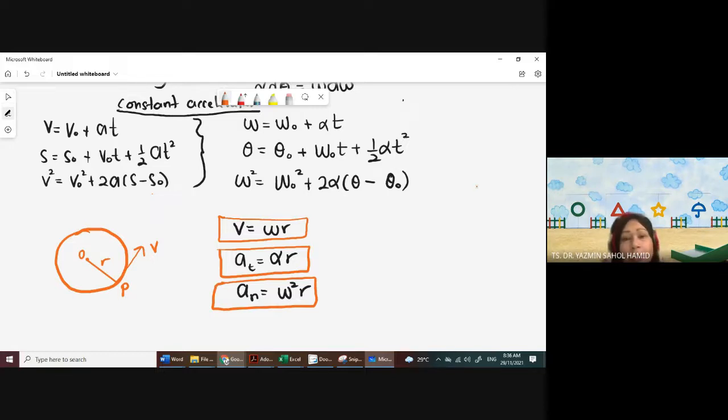For tangential it is alpha R, and for normal it is omega squared R. Okay. So those are the three new formulas that you need to understand.